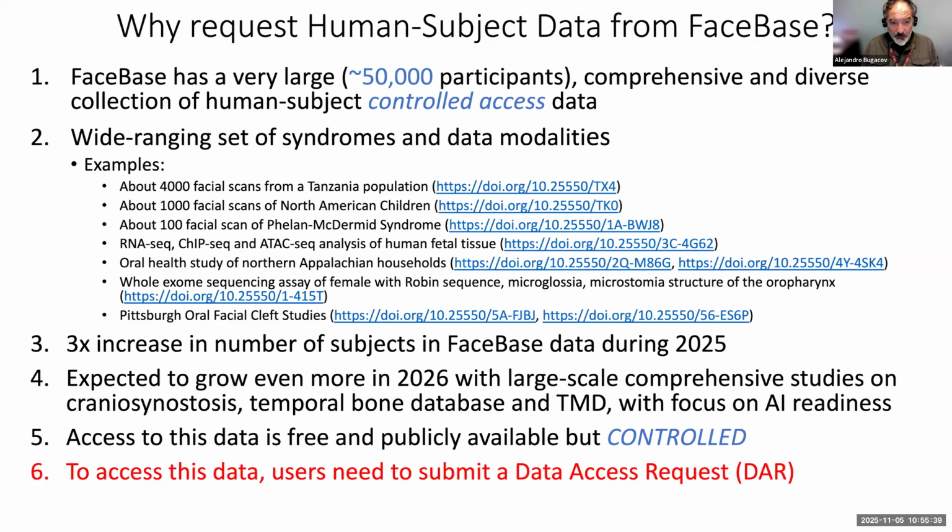Summing all the data, we have data for almost 50,000 participants, which I think is a very large number. That number has actually increased 3 times during this year by accessing some of these new data sets that we have.